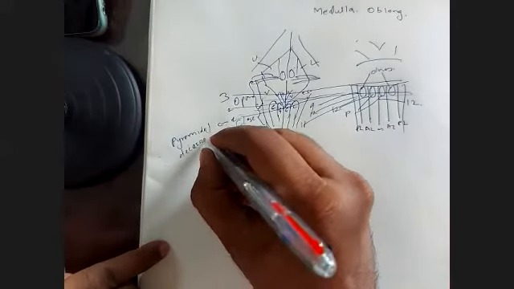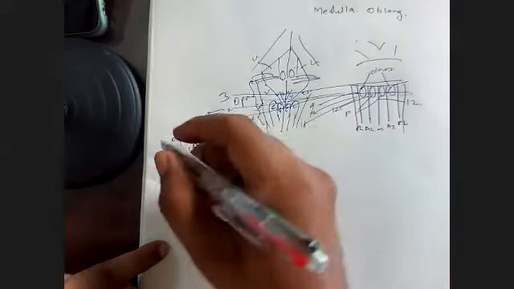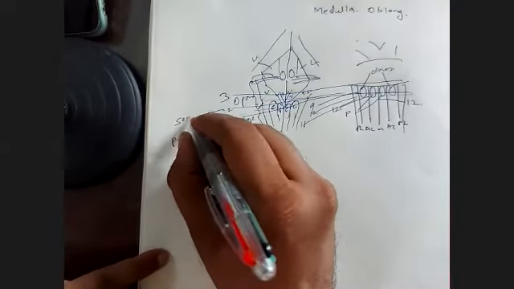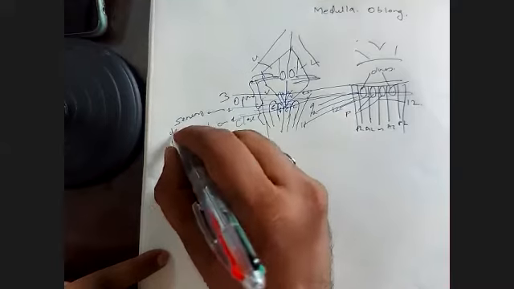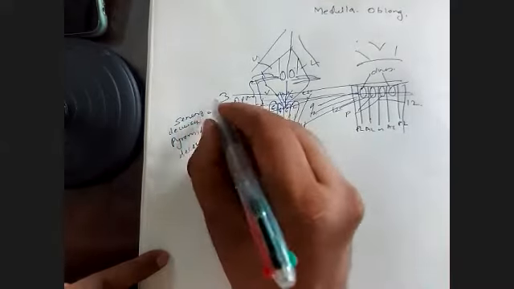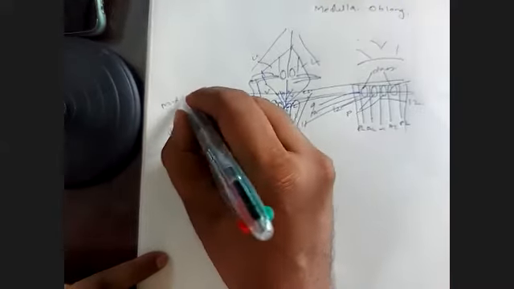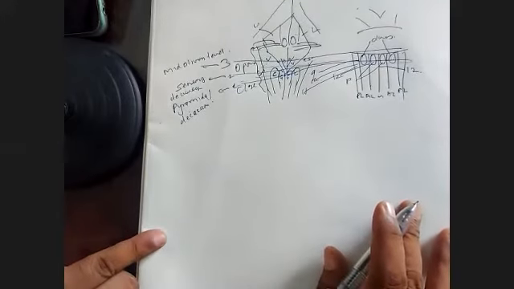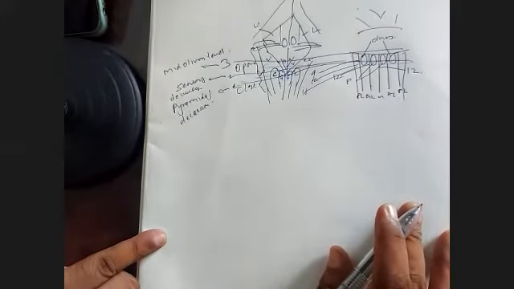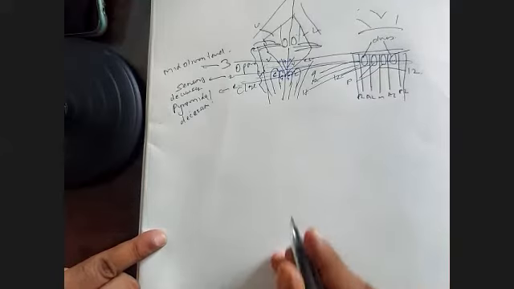The next section is the section at the level of sensory decussation, and the third is the mid-olivary level section.